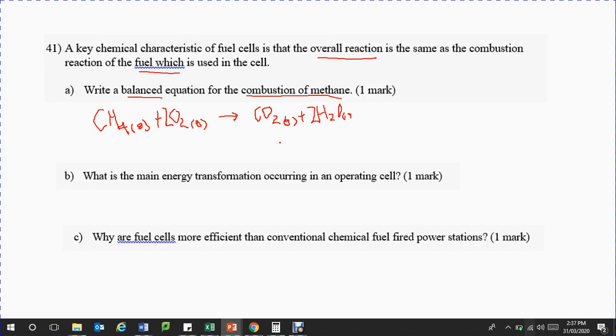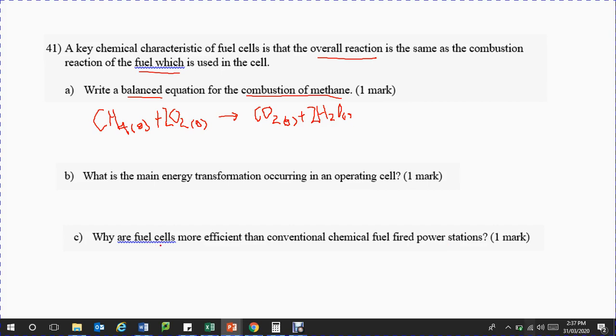Next question. What is the main energy transformation occurring in an operating cell? So in a fuel cell, the main energy transformation is direct conversion of chemical energy to electrical energy. Part C. Why are fuel cells more efficient than conventional chemical fuel-fired power stations?